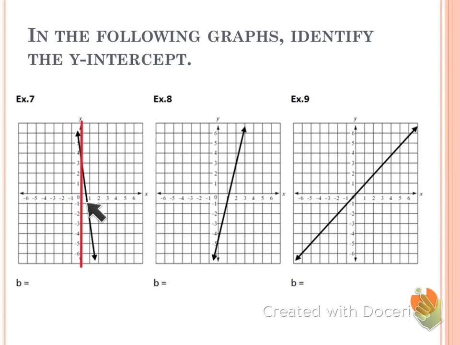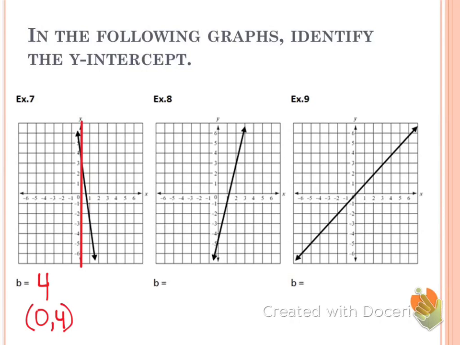So where does this graph cross my y-axis, May? At 4. If I wanted to write that as an ordered pair, what would it be, Jaquan? 0, 4. All right, on example 8, where does that graph cross the y-axis? Any new volunteers?